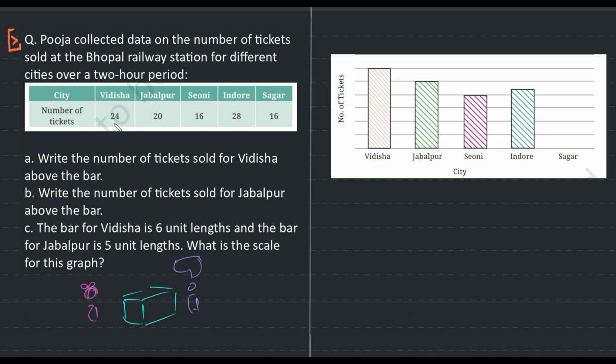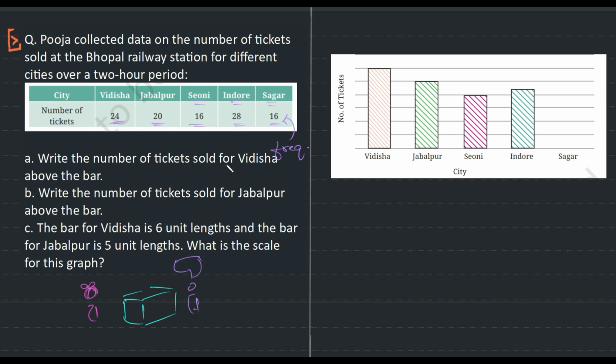So we have Vidisha 24 tickets, Jabalpur 20, Seoni 16, Indore 28, and Sagar 16. So basically she did the tally, and this is called frequency. That is the number of times a ticket was bought to go to Indore: 28 times.